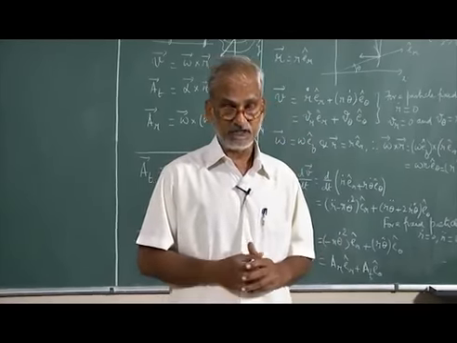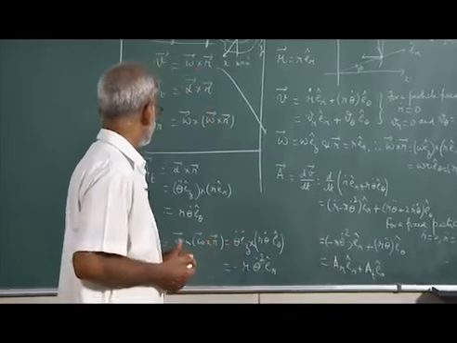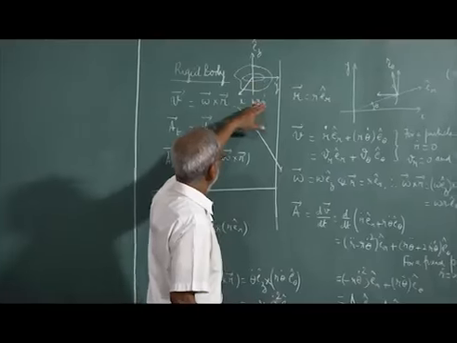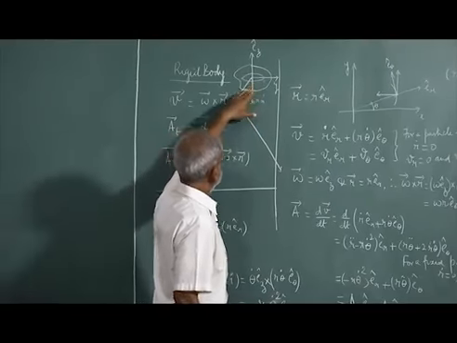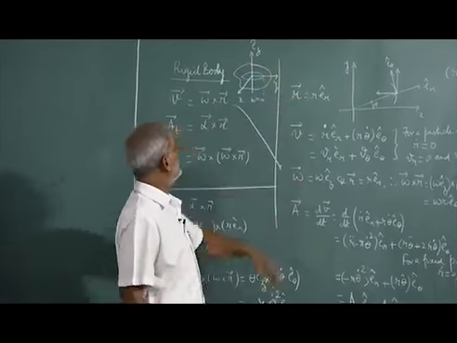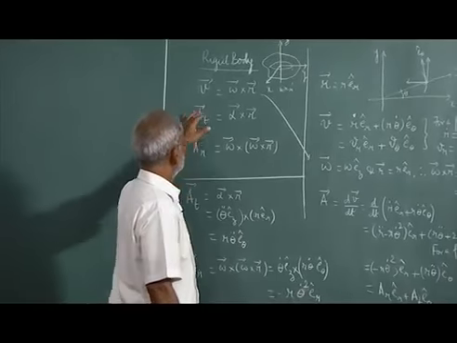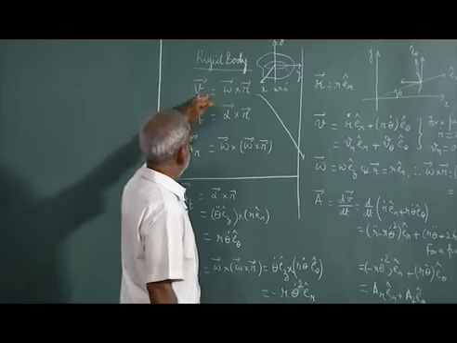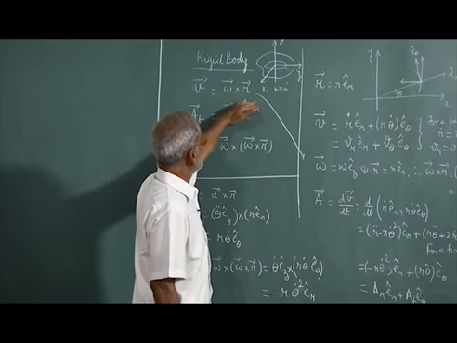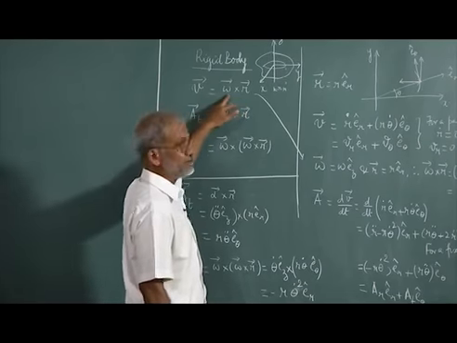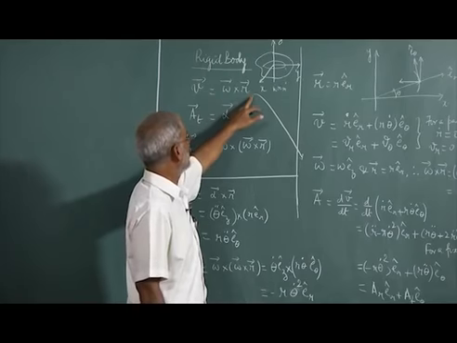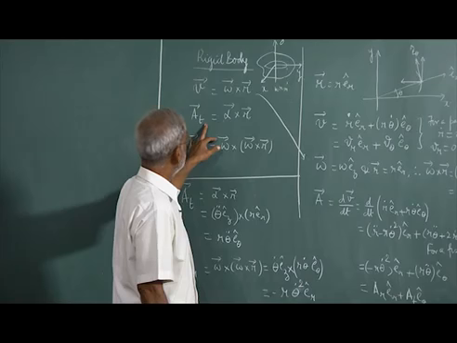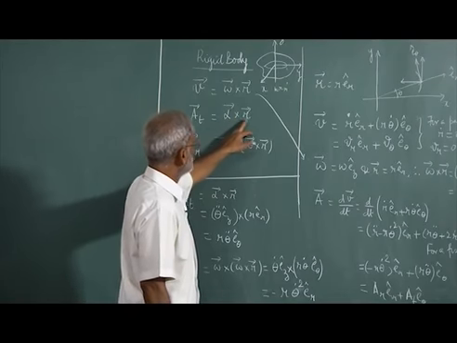Before we proceed on to today's topic, let me spend a few minutes on an important problem which we discussed yesterday. Let me again restate it. We have here a rigid body, this is the x axis here, y axis here and z axis here, and then these are the standard equations which we derived yesterday. The expression for the linear velocity is written as a cross product between angular velocity and the position vector, and transverse acceleration is alpha vector crossed with r.